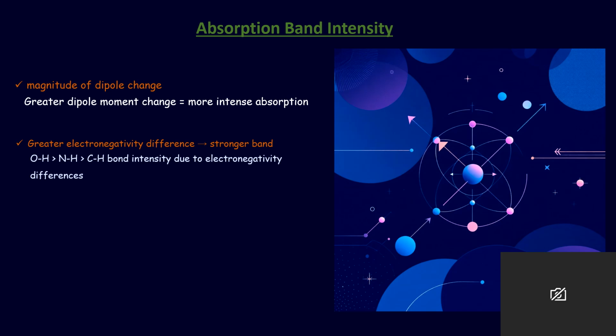Higher the electronegativity difference, higher will be the band intensity. Like in OH, NH, and CH, the electronegativity difference in the OH bond is much higher than the NH as compared to CH. Hence, the intensity of the band in OH will be greater than NH, and it will be greater than the CH. The next is concentration. If we make the solution of higher concentration, we will get a more intense peak.